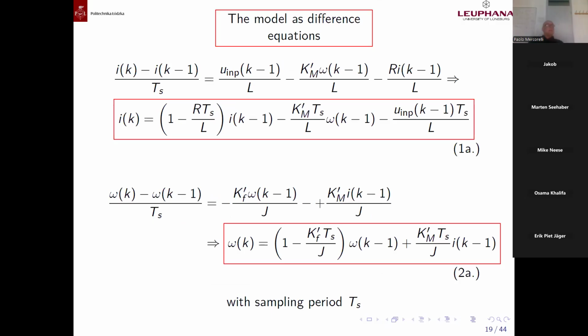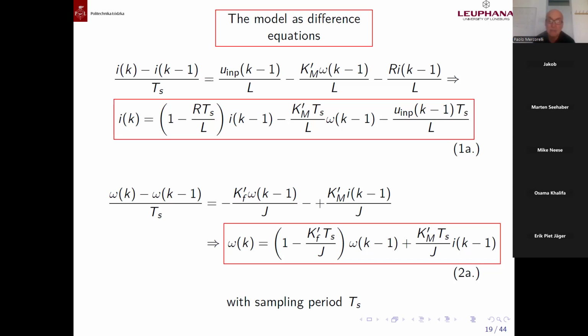Now, the question is at the beginning, how does the model look now? Because you remember, we have seen how the model looks in continuous time. Now the question is how it looks in discrete time. We can see equation 1a states how we can expect the equation for the dynamics of the current.